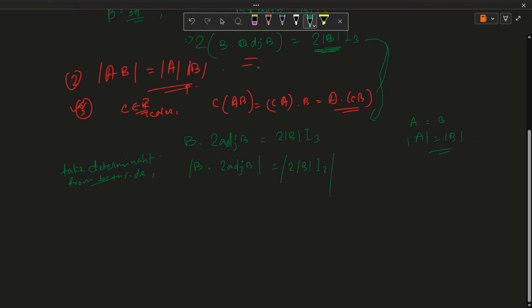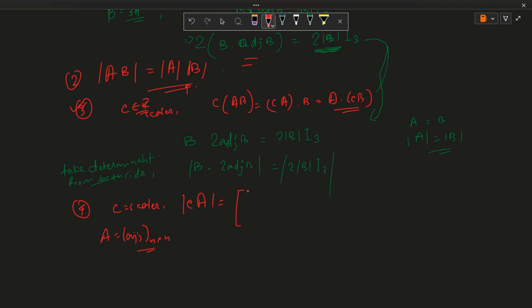Now here we use another formula. So number 4 is: suppose C is a scalar, then determinant of C times A equals, suppose A equals Aij, n by n, a square matrix.